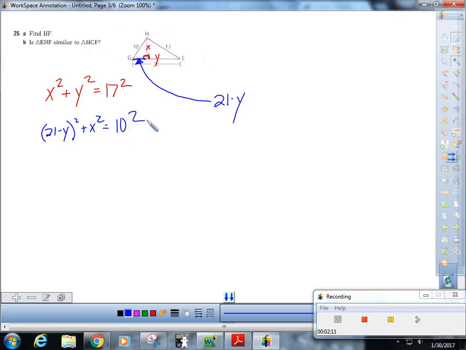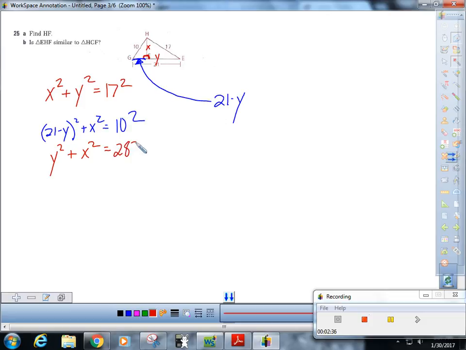Okay, elimination or substitution? Elimination, definitely. Okay, we've got x squareds in both of them, so I'm just going to rewrite the red one in a different order. Y squared plus x squared equals 17 squared.